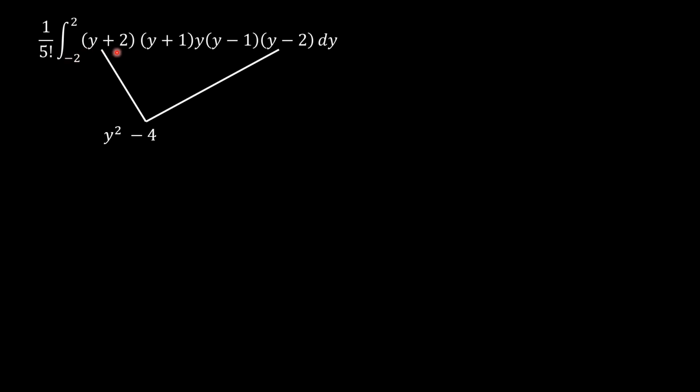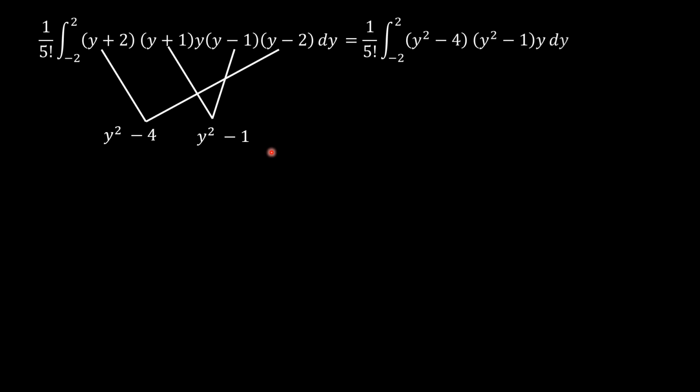So now, as you can see, our new integral here is very interesting. We have y plus 2, y minus 2. So when you multiply these two, you get y squared minus 4. And then we have y plus 1, and then we have y minus 1. When you multiply these two together, you get y squared minus 1. So the integral results into 1 over 5 factorial times the integral of y squared minus 4 times y squared minus 1 times y from negative 2 to positive 2.